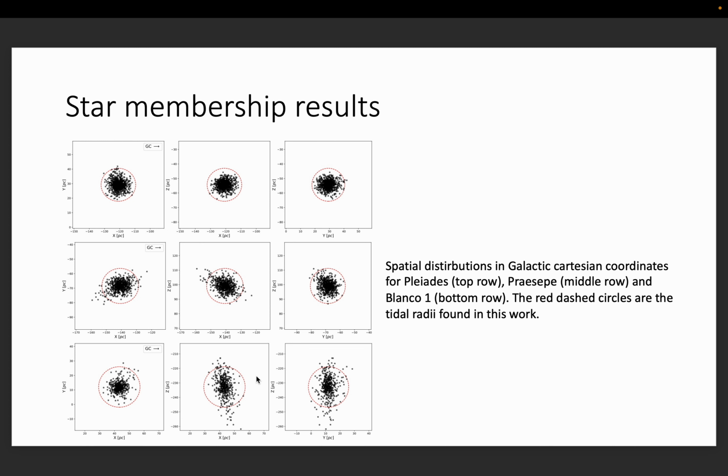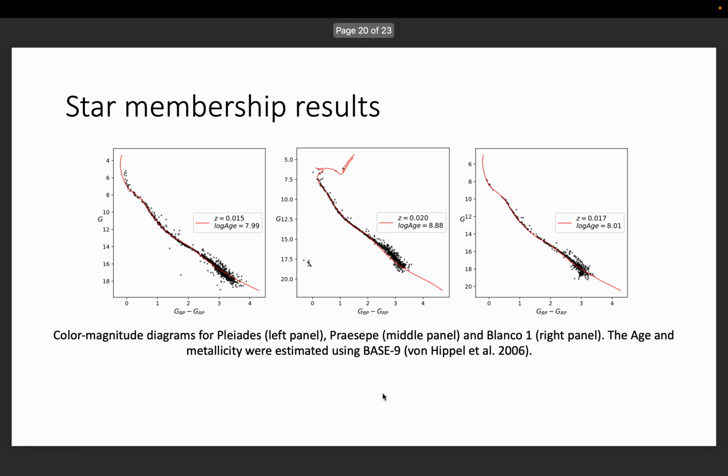But we have to go deeper to analyze this kind of particular result, because many tidal tails in clusters at high latitudes can be misunderstood, as they are only part of the transformation of the coordinates.